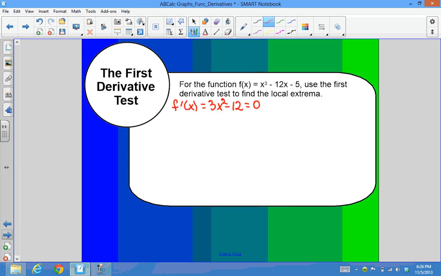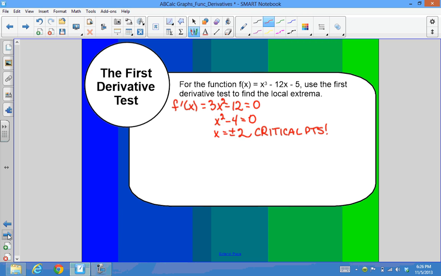When you do, you're going to get x squared minus 4 equals 0, when you factor 3 out and divide it, and so x equals plus or minus 2. These right here are your critical points. Okay, that was where your first derivative equaled 0.